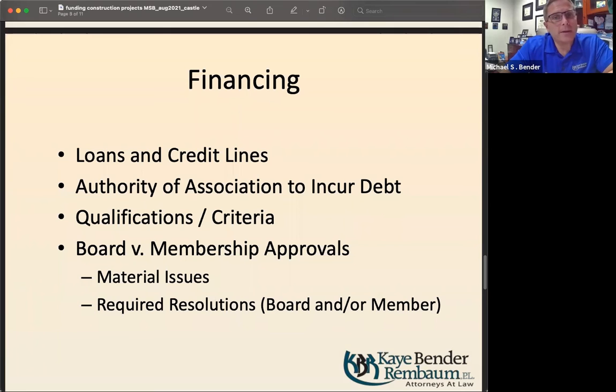So as a practical matter, a board says, hey, Mike, do we need to get approval? I look, and you do need approval. Well, we'll never get two-thirds of the owners to approve it. Okay, well, that may be so, but you can let the owners know that you either need to do a special assessment of $5,000 a unit that you have to pay within 30 days because you have a project that has to be done now, or we can have an option where you can pay that $5,000 over 12 months, 24 months, 36 months, whatever it is.